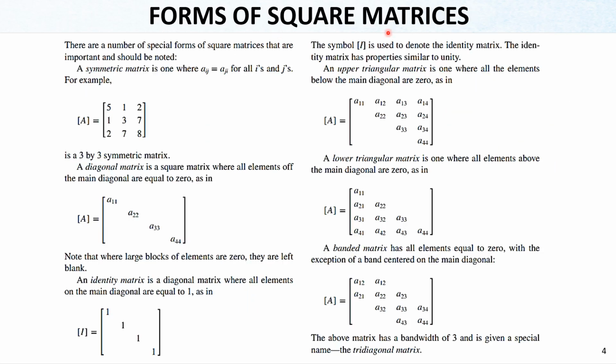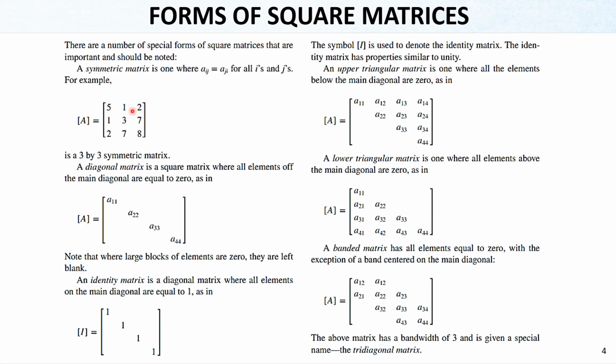Square matrices are important for us because the linear algebraic equations will have square matrices. That's why let's define some features of it. A symmetric matrix will have the same values for the lower triangle and upper triangle, and in between there are diagonal terms. So the terms below the diagonal terms will have the same terms as the terms above the diagonal terms.